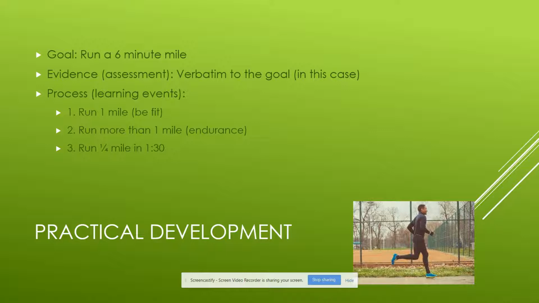Then we would work on what we call interval training or speed training, where we know that in order to run a 6-minute mile, every fourth of a mile must be 1.5 minutes or less to ultimately reach 6 minutes. So we would start by running a fourth of a mile at a time, with the goal of beating 1.5 minutes, under 90 seconds, for that 1/4 mile. Doing that with stops in between and resting, but to ultimately build ourselves up where we could do it without stopping and resting. And then voila, we have run and achieved a 6-minute mile.